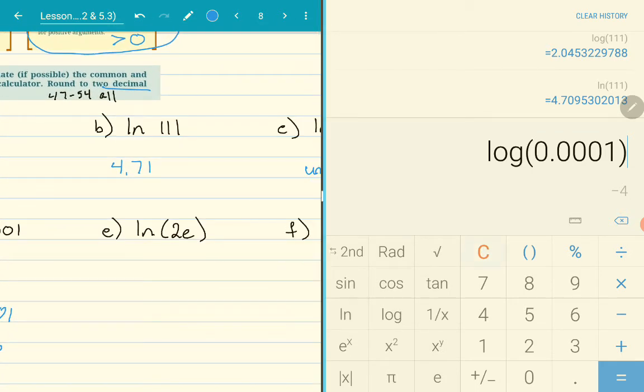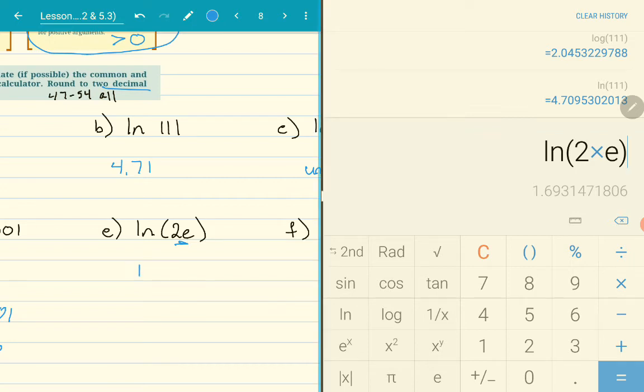All right, and then natural log of 2e. So I do natural log, and then I have my parenthesis there already. Your calculator might need you to actually type the parenthesis because I'm going to do 2 numbers, and I want to tell the calculator not just the 2, but also the e is the argument. So 2, and I want to multiply it by e, and then I close my parentheses, and I get 1.69, and again, 2 decimal places is sufficient.